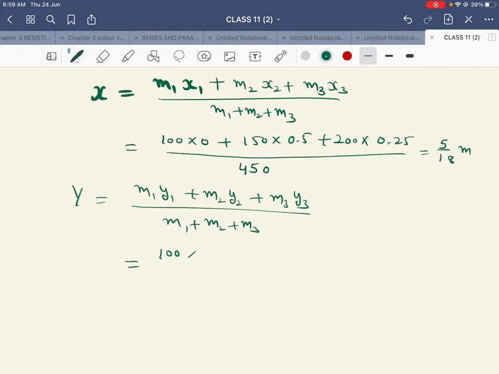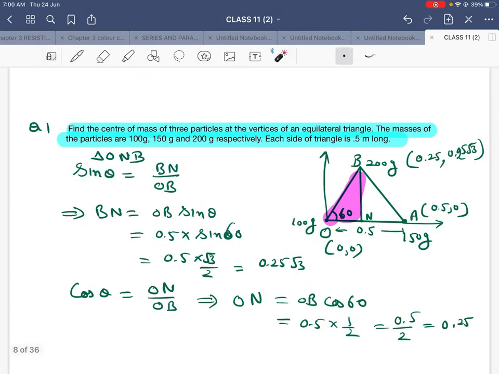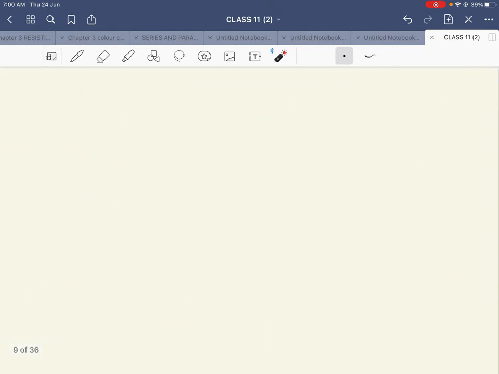Therefore m1 is 100 into 0, m2 is 150 into 0, m3 is 200 and its coordinate is 0.25 root 3, divided by the total mass 450, and we get the answer 1 by 3 root 3 meter. Therefore the center of mass will lie on this line at these coordinates. This is the position of the center of mass of this diagram. Next question.